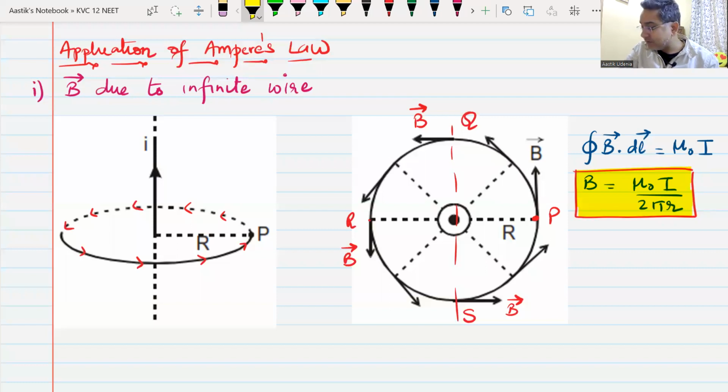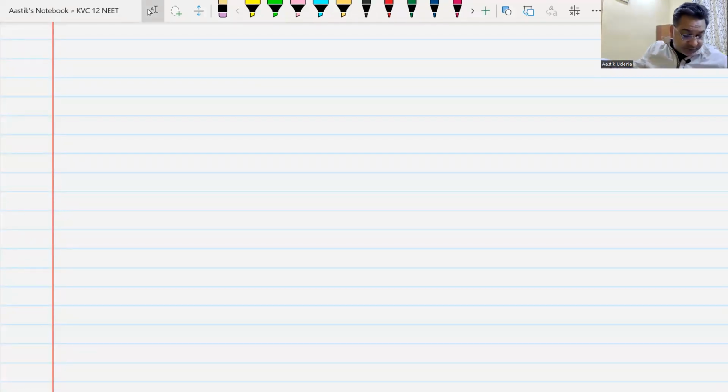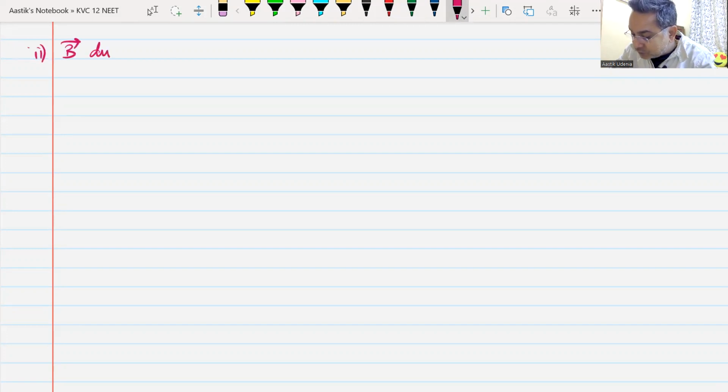Then the next sort of question that can come to you, case number 2: magnetic field due to an infinite hollow cylinder.